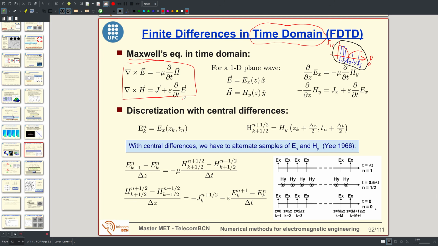To show you an example, we define a one-dimensional problem. In a one-dimensional problem, we have a wave that propagates along the z-axis. So we have an electric field in the x direction and a magnetic field in the y direction that are transverse to the direction of propagation z.